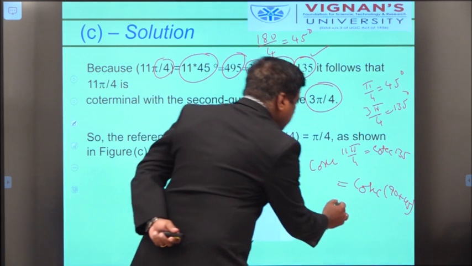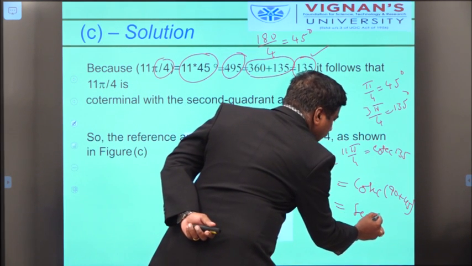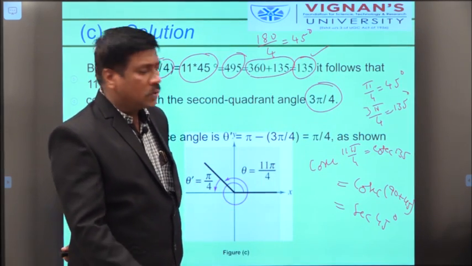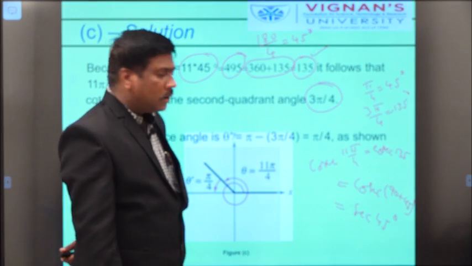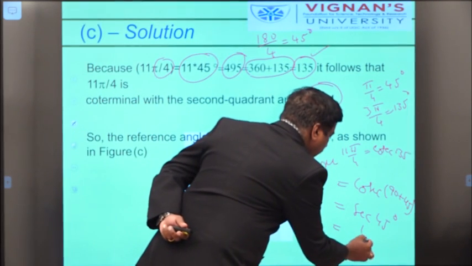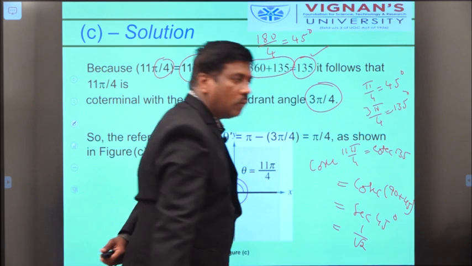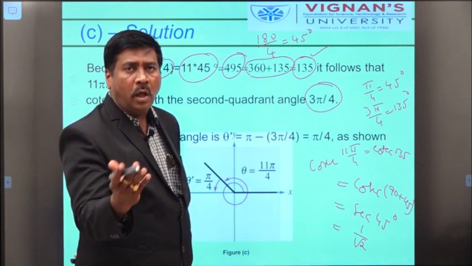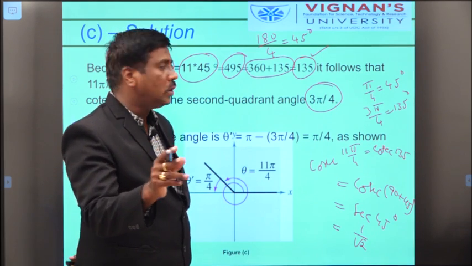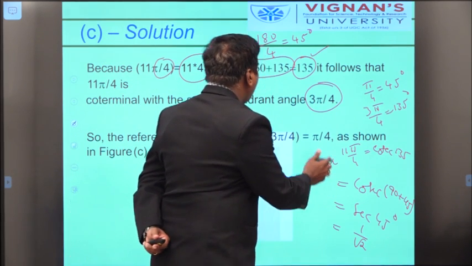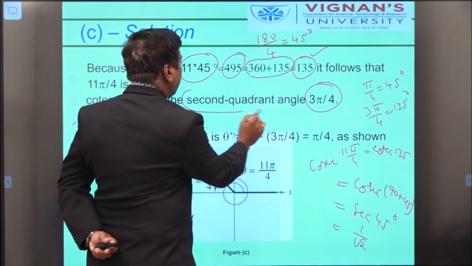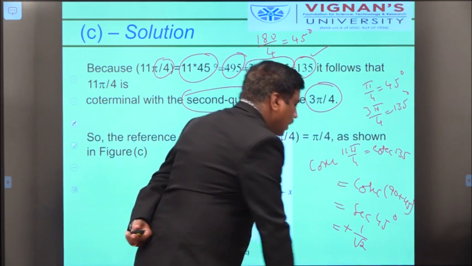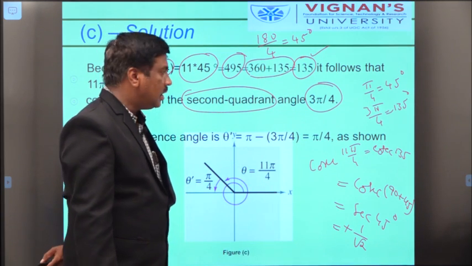At 90 degrees, cosecant changes to secant 45 degrees, and secant 45 degrees is 1 by root 2. Sine and cosecant are positive in the second quadrant of the coordinate plane, because theta lies in the second quadrant. So this value is plus 1 by root 2.